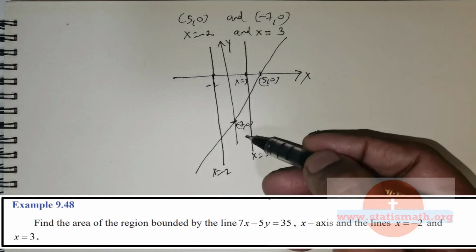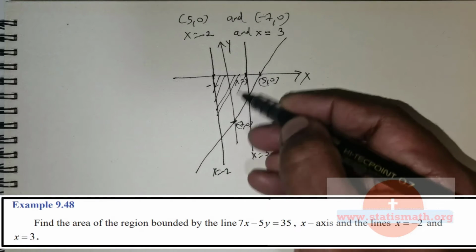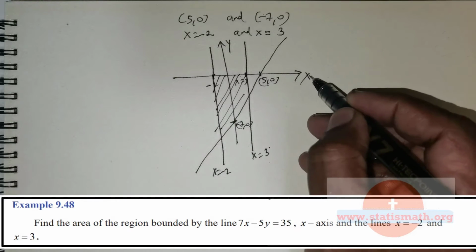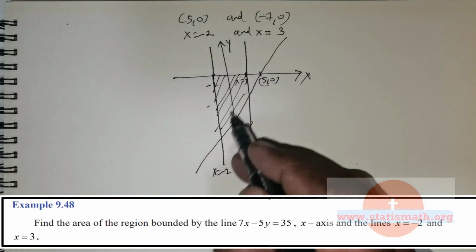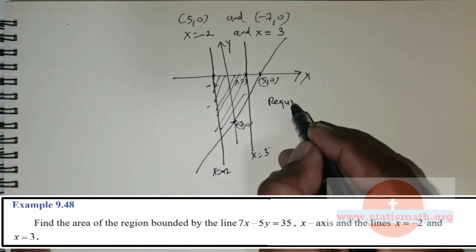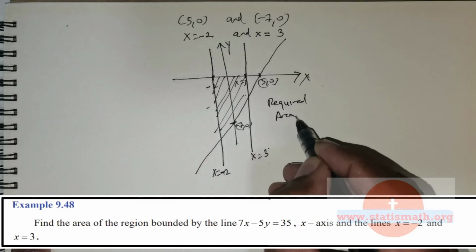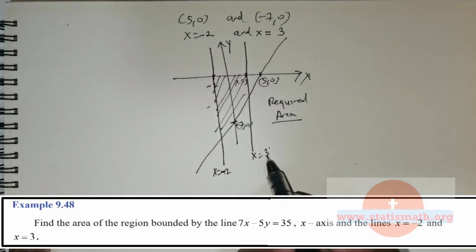So we are asked to find this region. Find the area between the x-axis and the lines x = -2 and x = 3. So the required area formula. As I mentioned to you, x changes from -2 to positive 3.